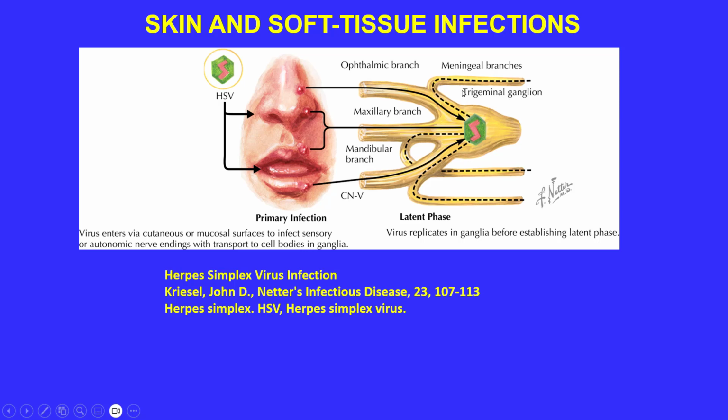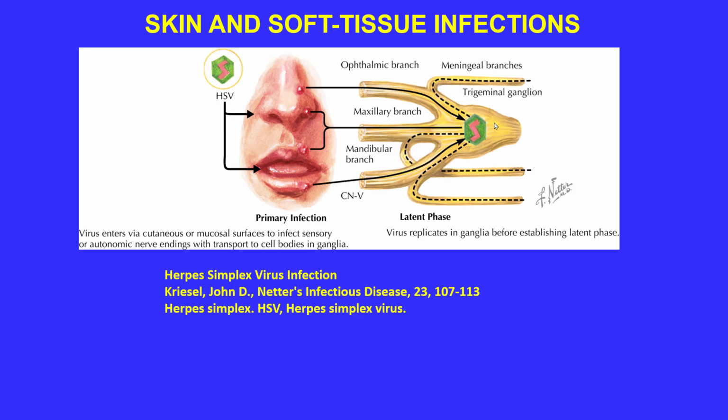Now, this is all part of the cranial nerves. And so the maxillary branch, the ophthalmic branch, this is CN5, which is basically the trigeminal nerve, and hide there.